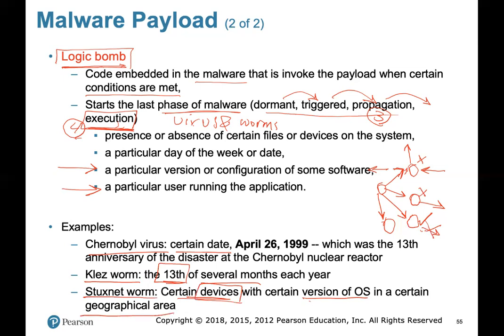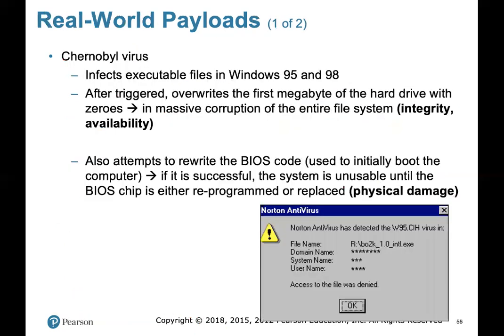So this specific worm, Stuxnet, was set to explode on Siemens PLC controllers. These are hardware devices with a specific version of OS on them in a certain geographical area. And you know that they combined multiple things, of course, in order to attack a specific organization.